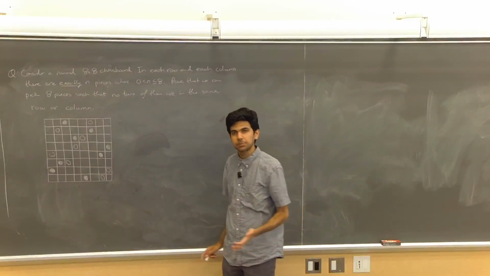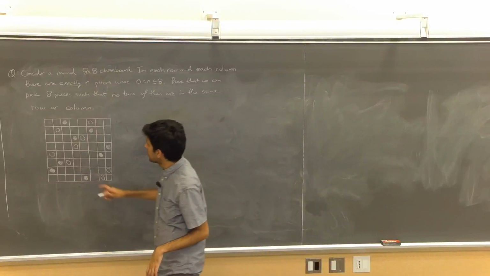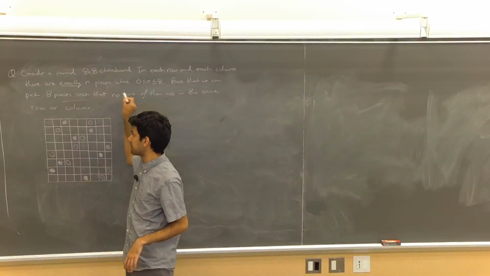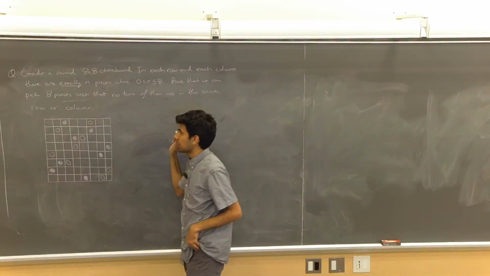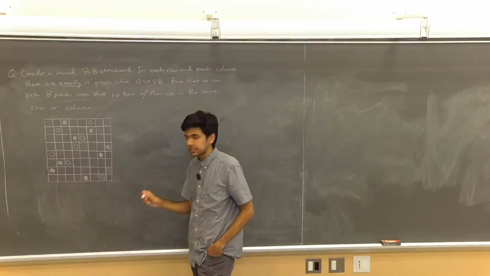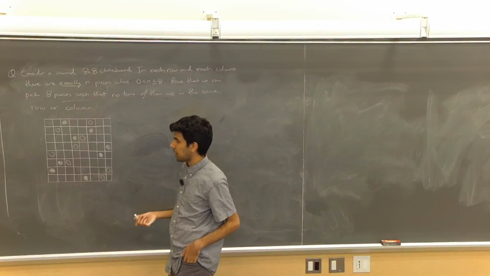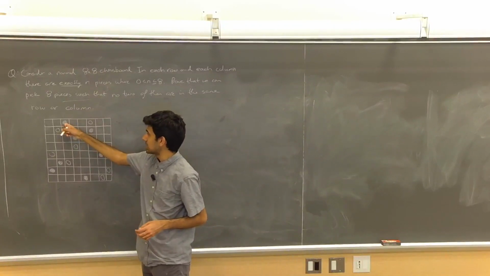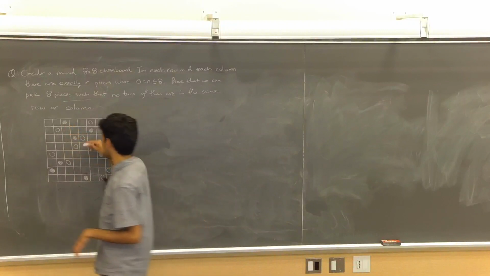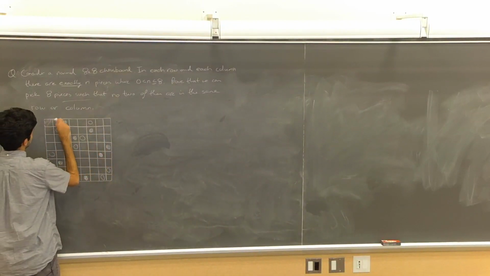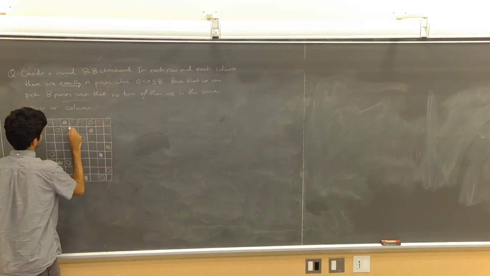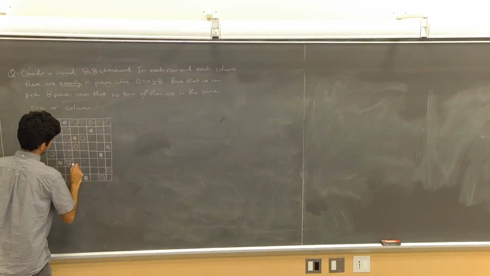Here's one observation we can make. When I select a piece to include in my set of 8 pieces, there are fewer squares that I can look at for the remaining pieces I choose. Meaning if I choose this piece, then no piece can come from the rest of the row or the rest of the column.